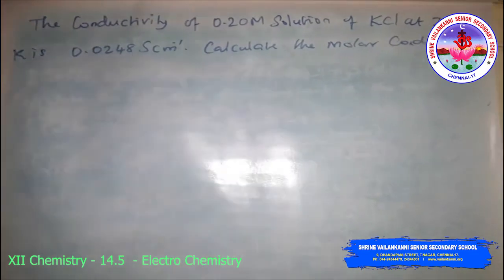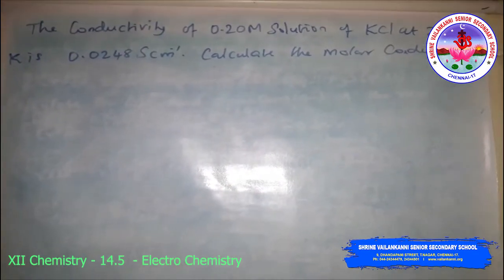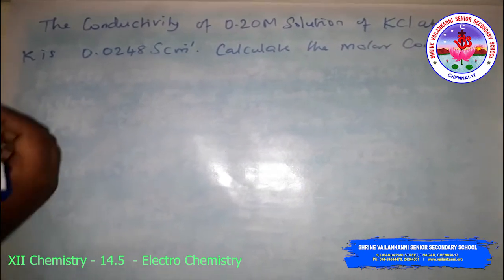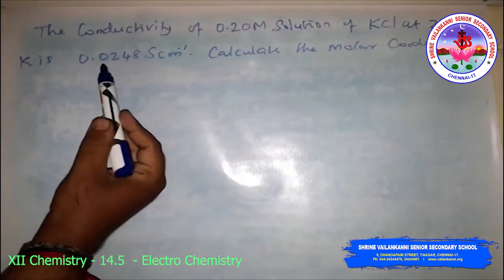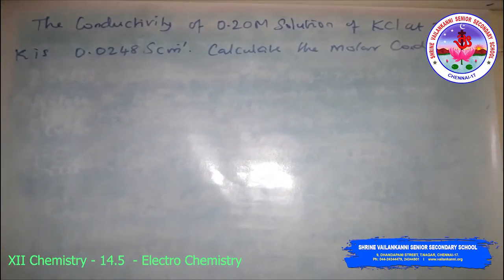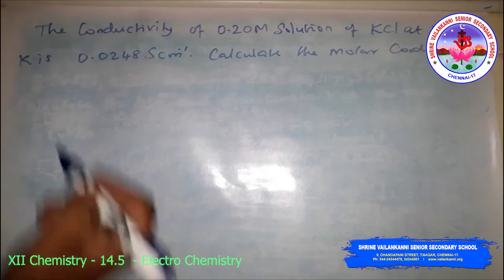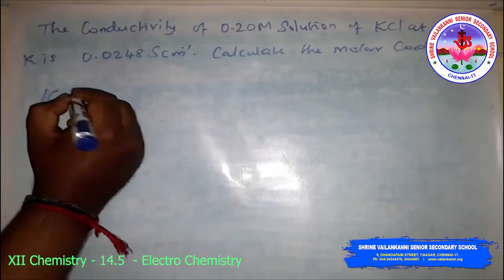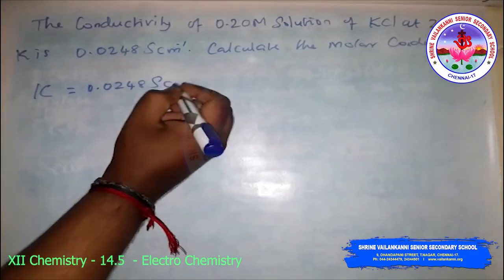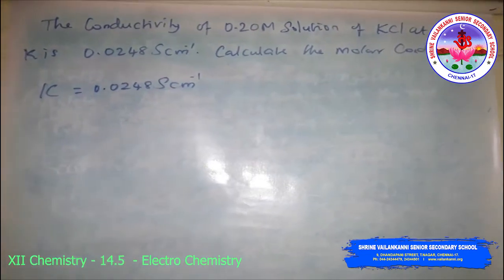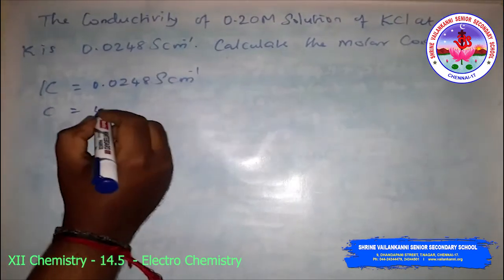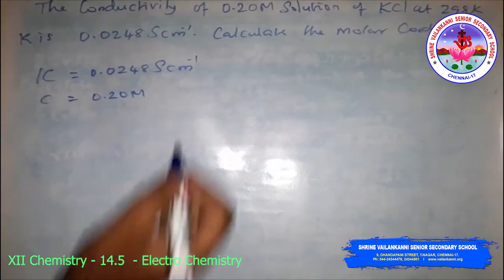Calculate this: the conductivity of 0.20 molar solution of KCl at 298 Kelvin is kappa, 0.0248 Siemens per centimeter. Calculate the molar conductivity. Here the kappa value is 0.0248 Siemens centimeter inverse, and the concentration C is 0.20 molar.